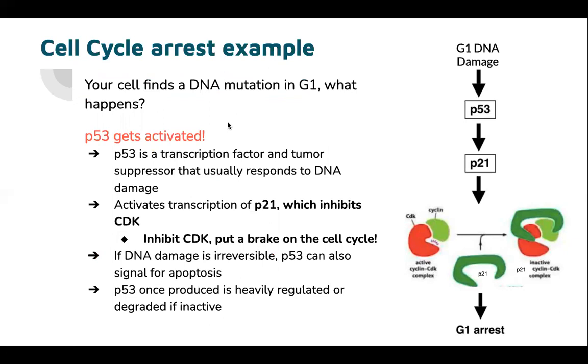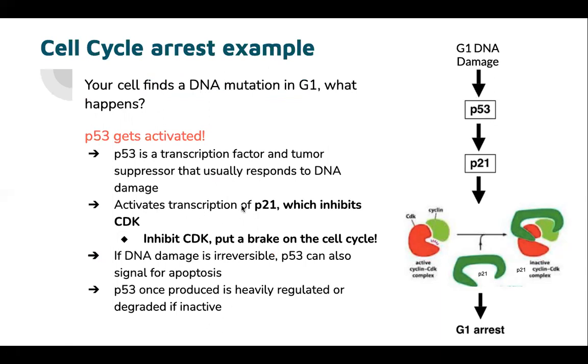P53 isn't the protein itself that's inhibiting the CDK. It's a transcription factor, which binds to the DNA, so P21 can be transcribed and translated. P53 is a transcription factor and tumor suppressor that responds to DNA damage.